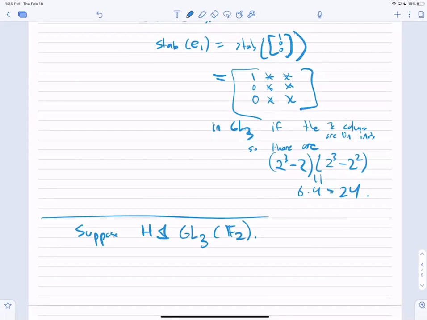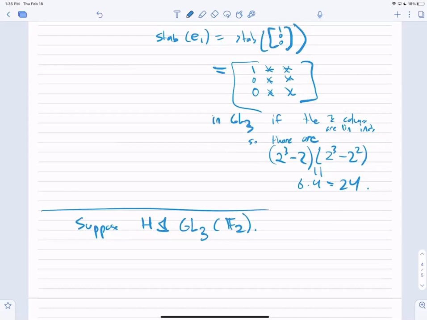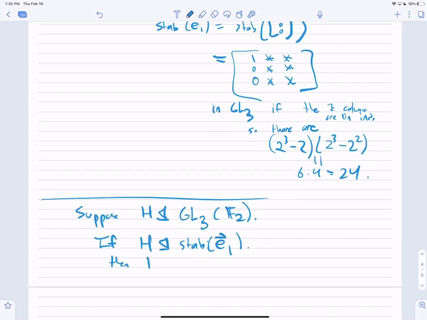Then, let me say it this way: if H is contained in the stabilizer of this first basis vector, then H is trivial.